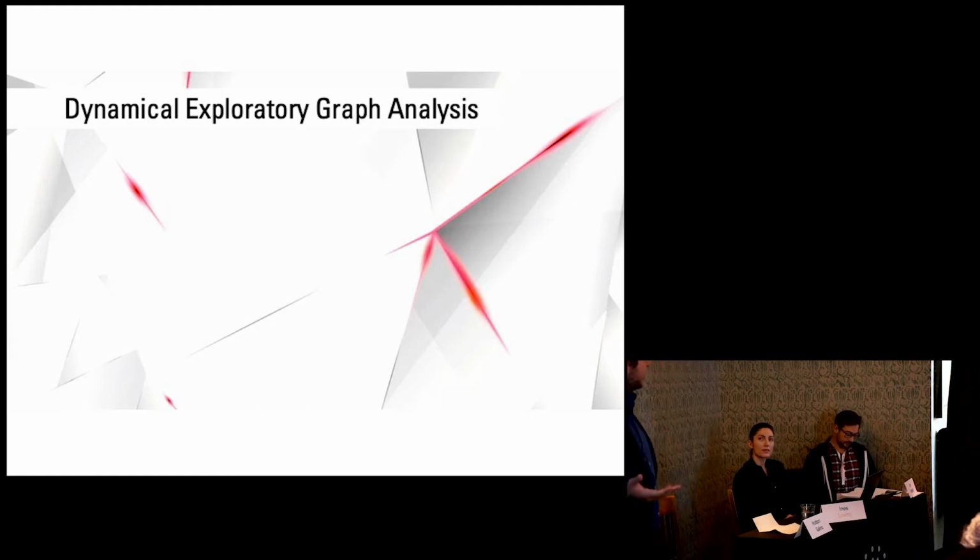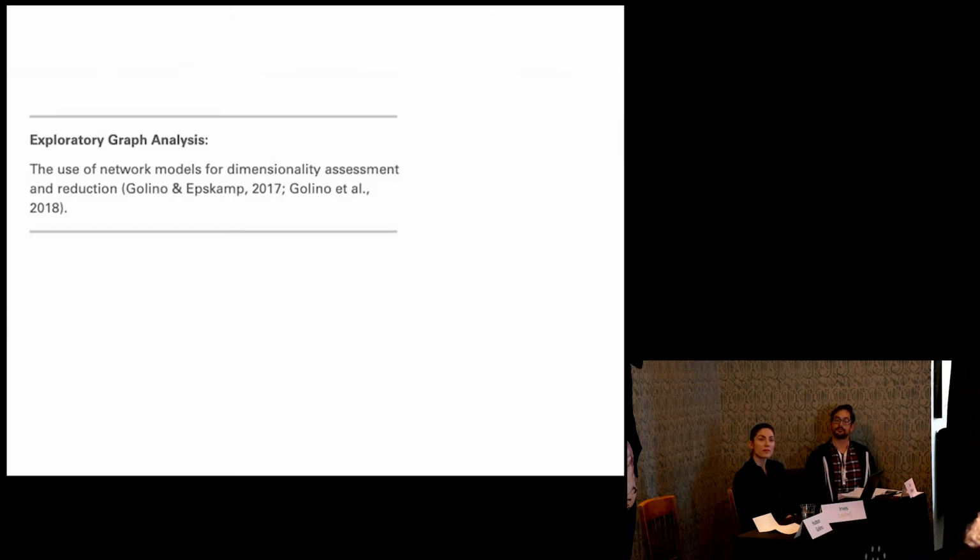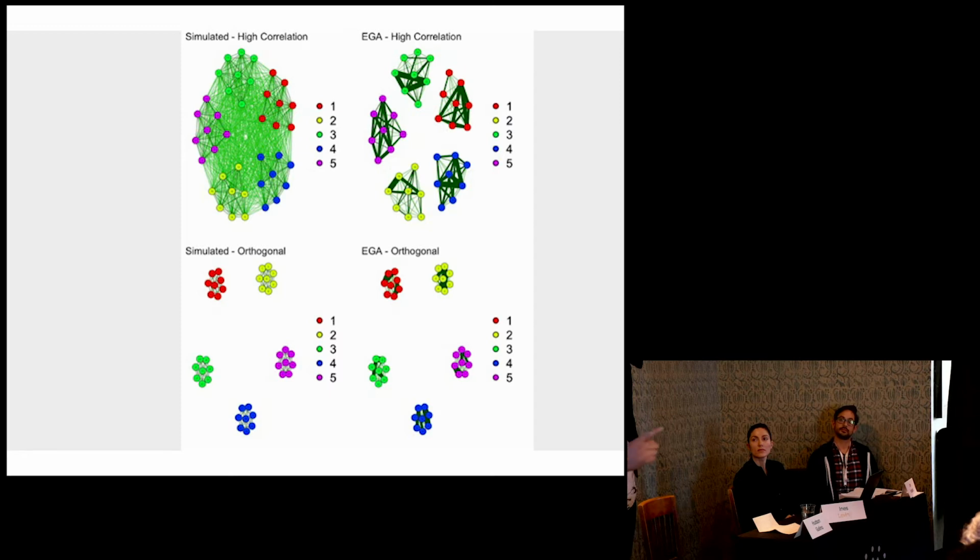What we discovered in our simulation studies is that we can use network models to identify the number and the composition of simulated latent factors, and it's much more accurate than traditional factor analysis techniques, for example, principal component analysis, that's very well known in this area. But the problem is, EGA is a deterministic model that doesn't capture any dynamical things whatsoever, because although we are using probabilistic graphical models, we're not modeling time effects.